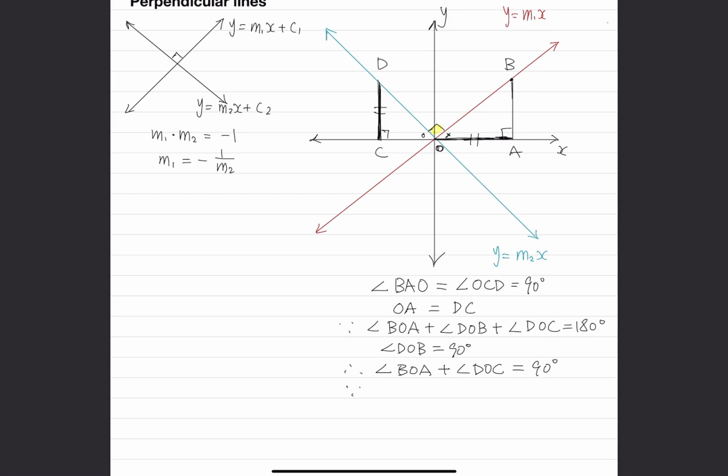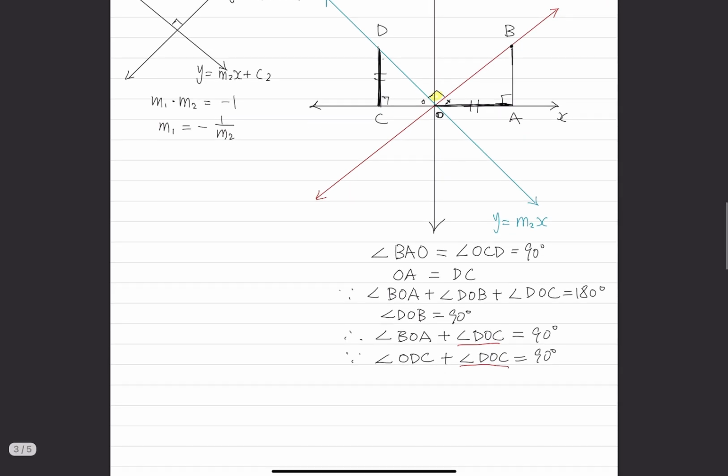We can also find out that angle ODC, this is ODC over there, plus angle DOC are also 90 degrees. So now you can see that there are two different angles, each adding to the same angle to make 90 degrees, which tells us that angle BOA is equal to angle ODC.